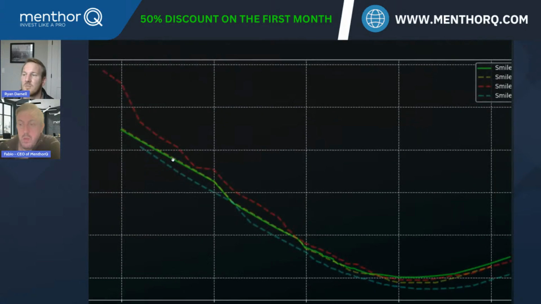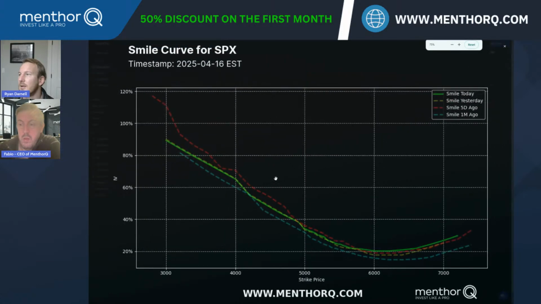So when we look at the smile here, what we're saying is that I know for this option it's worth X. If we move out here to, say, the 480 strike, well, now we're much further away from the money, same time.